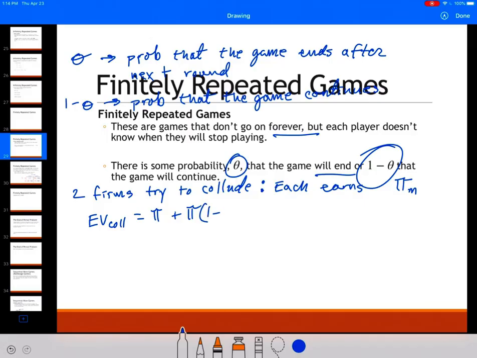So 1 minus theta, okay? And then the third time, pi times, now again, this is 2 times away, so you just square the probability. So this is 1 minus theta squared, and so on, right? So the expected value of colluding is again going to be this sum that goes on forever, but again, it has to do with here basically the probabilities, okay?